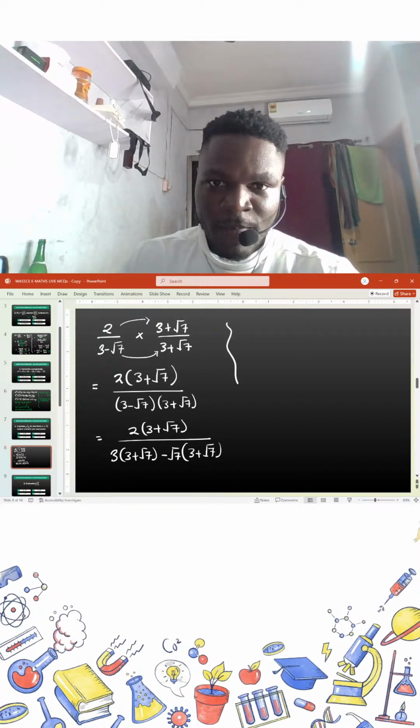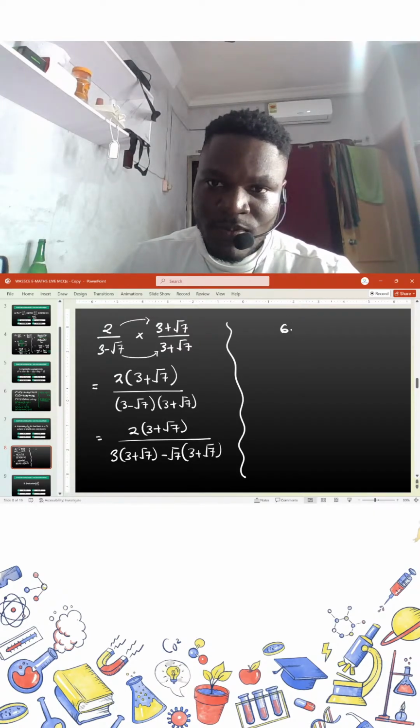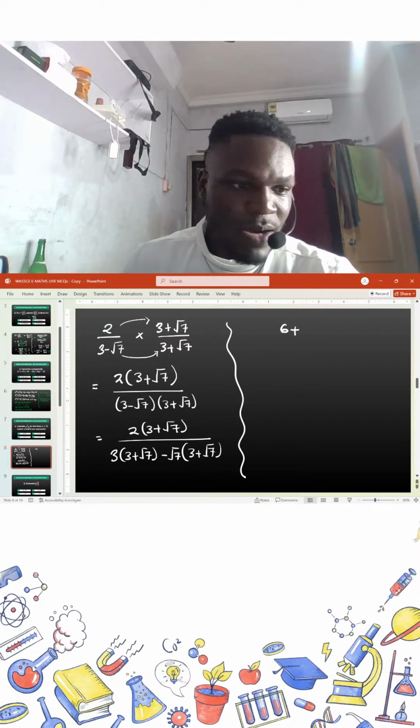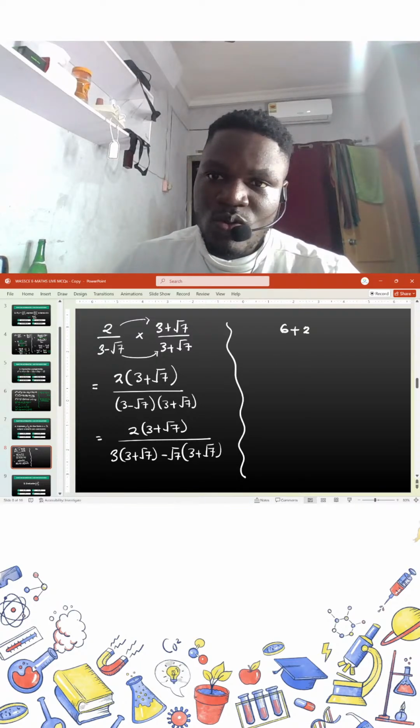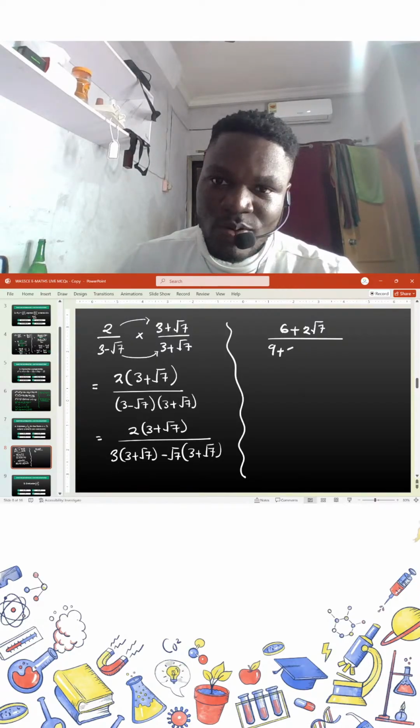So from here, let's proceed. We look at the top one. 2 multiplied by 3 will give me 6, plus 2 multiplied by root 7 will give me 2 root 7, all over the bottom. Here I have 3 multiplied by 3, that will give me 9, plus 3 multiplied by root 7 will give me 3 root 7.